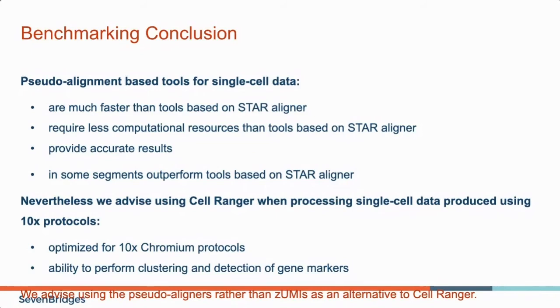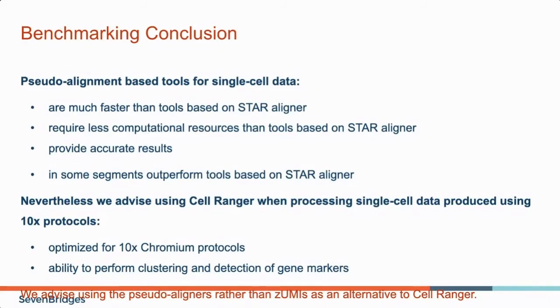But nevertheless, we advise that Cell Ranger software be used on 10x data since it is optimized and extensively tested and validated. Additionally, Cell Ranger software provides ability to perform clustering and detection of marker genes without the use of downstream analysis based on Seurat.